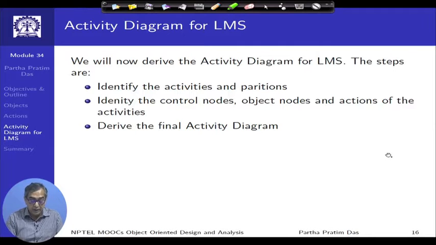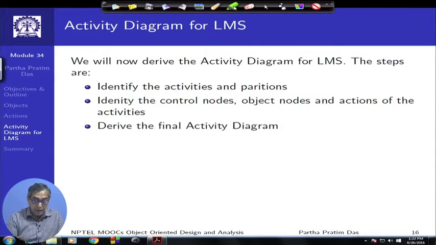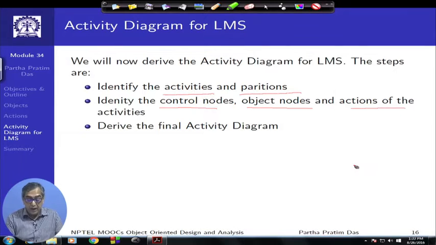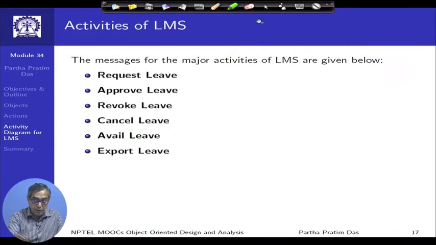So, if we look at LMS, our running example, then we need to identify activities and the partitions, the control nodes, the object nodes, actions for activities, and derive the activity diagram. Of course, what I show you here is a very elementary form of the activity diagram. I will expect you to work this out at home. So, this is just to show you the outline.